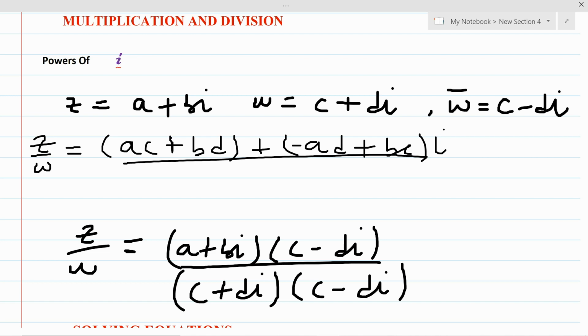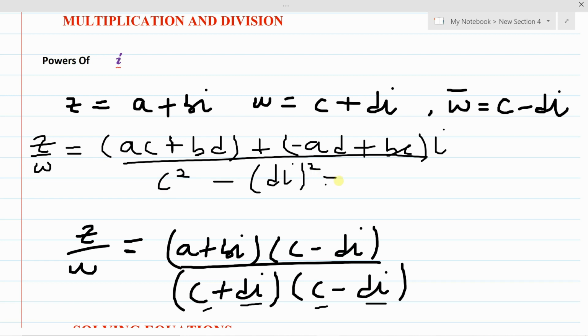Then this whole thing over the denominator. Look at this: there's a c here, a c here, there's a plus di here, a minus di. What do you see? This is the difference of two squares. So simply this becomes c squared minus di all squared.